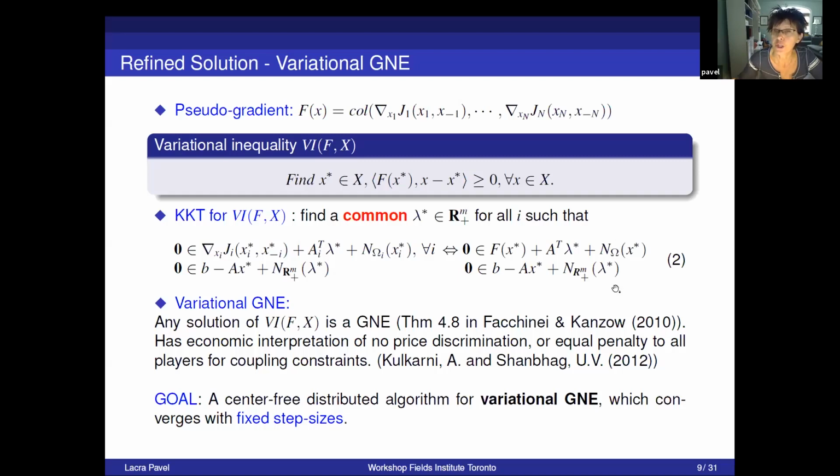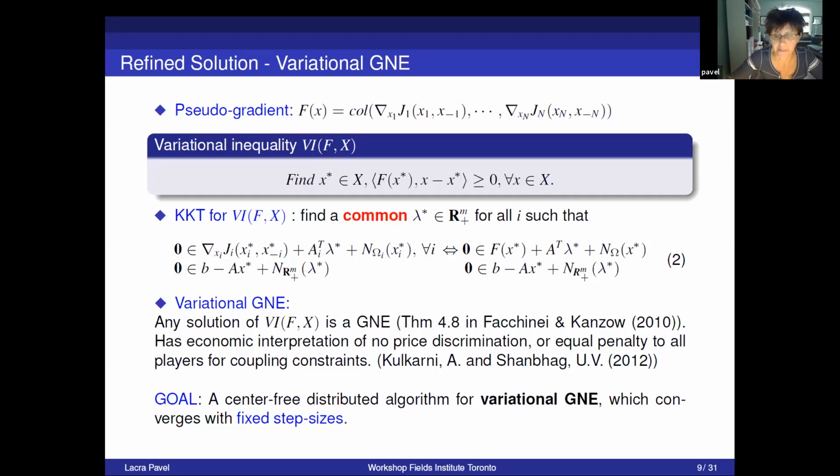And also the normal cones of the action set of each player and the normal cones of the multipliers, which is the positive orthant. So essentially, what we're going to want to do here is to have a distributed algorithm that converges to a variational GNE, which means it satisfies these conditions too, and for which we can show convergence with fixed step sizes.